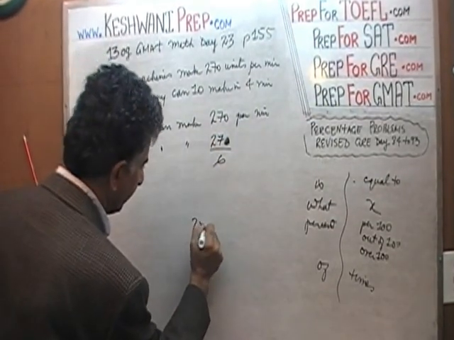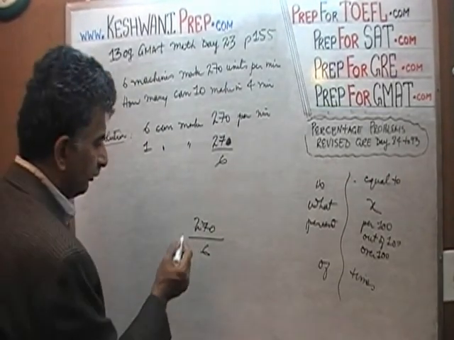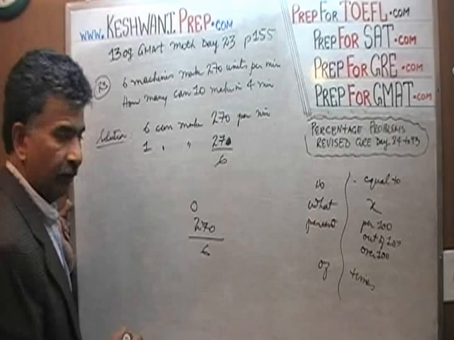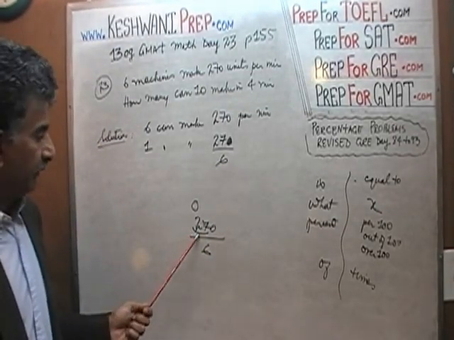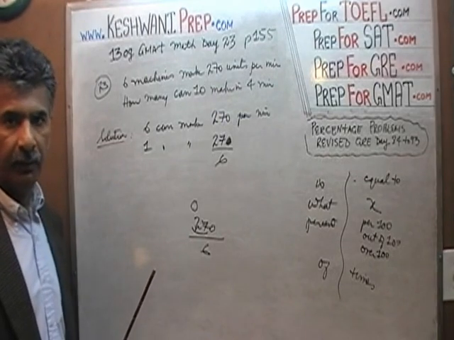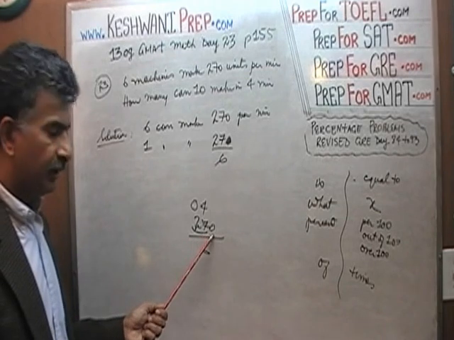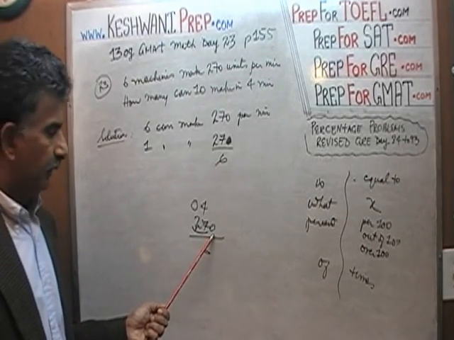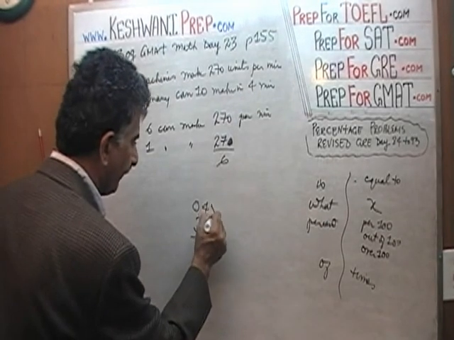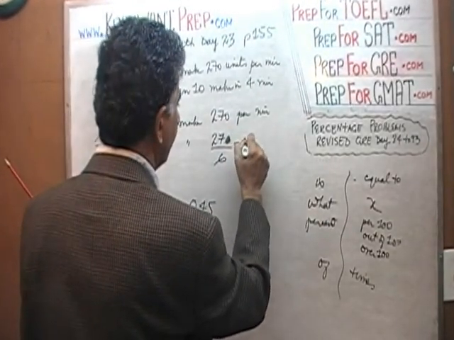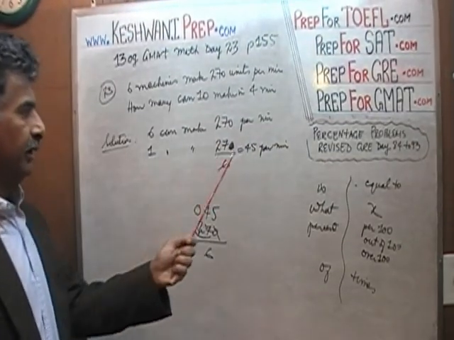So what is 270 divided by 6? Let's find out. How many 6s in 2? 2 has 0 6s. That 2 goes and joins this guy, becomes 27. How many 6s in 27? 27 has 4 6s. 4 6s are 24. The remaining 3 goes and joins this guy, becomes 30. How many 6s in 30? 30 has 5 6s. So it's 45 units per minute. That's how many one machine can make in 1 minute.